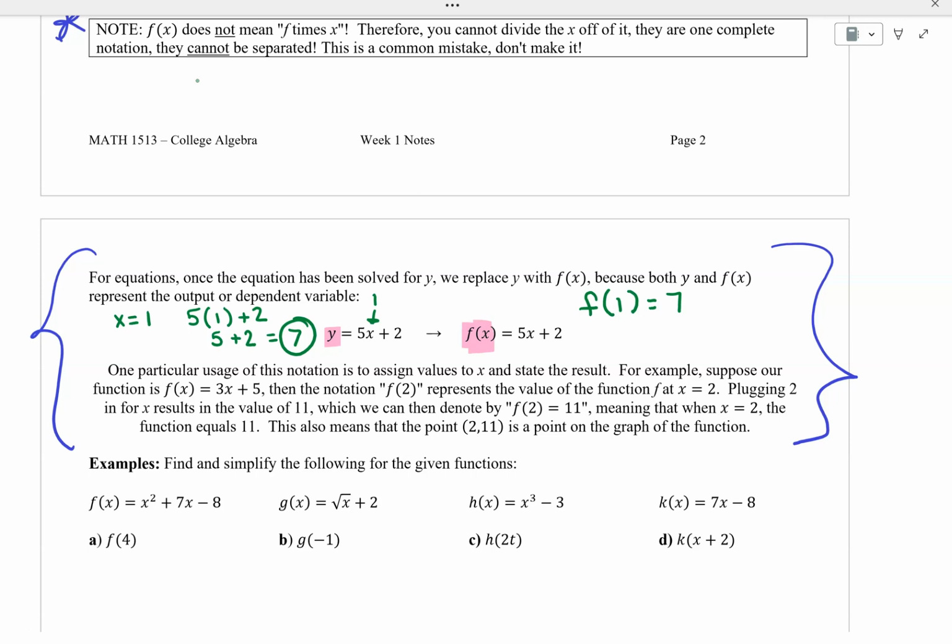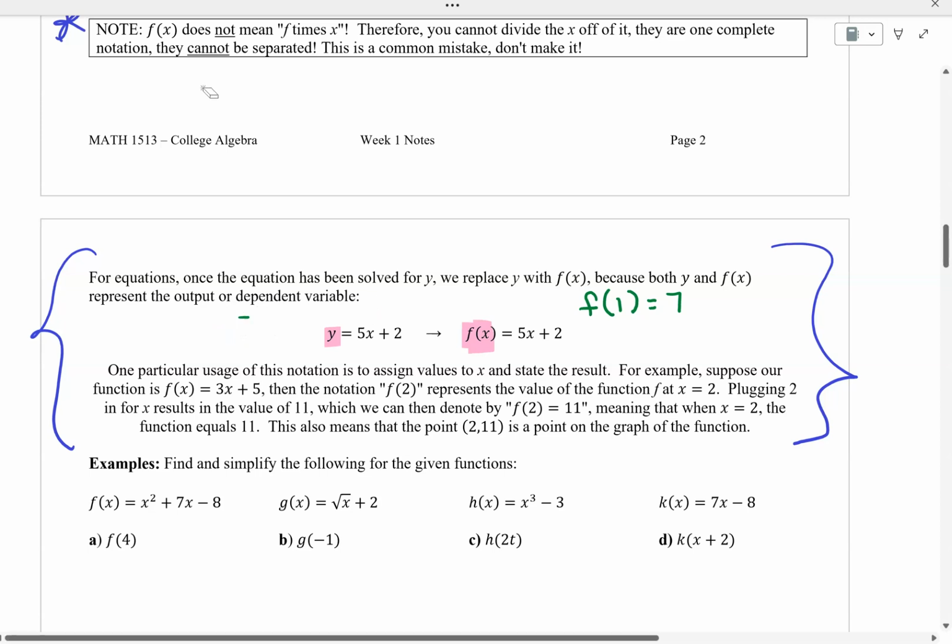And so what ends up happening is I know that for this function, I plugged in a 1 and got a 7. So like for instance over here, if I erase all that work and I just said y is 7, I don't know what I plugged in to get that 7.